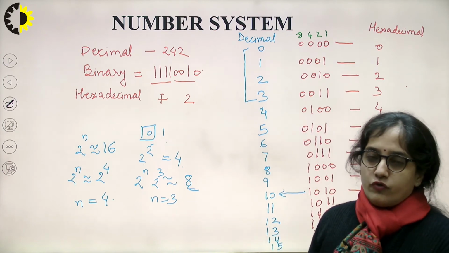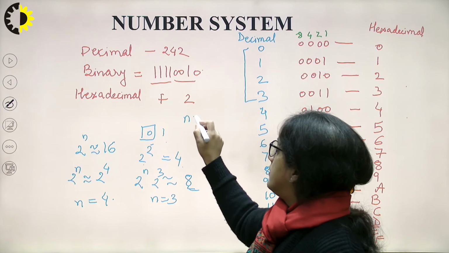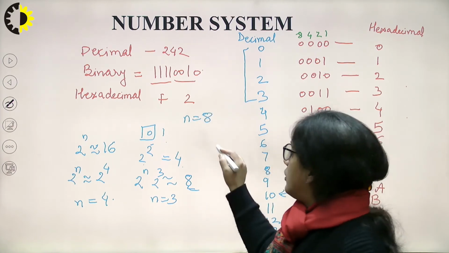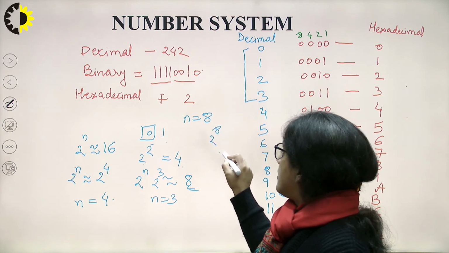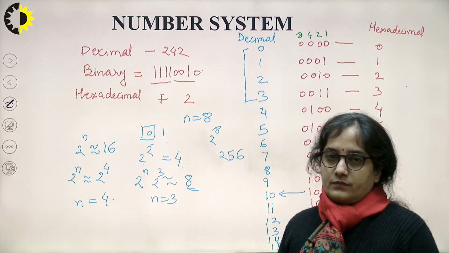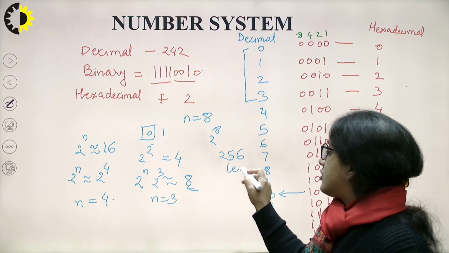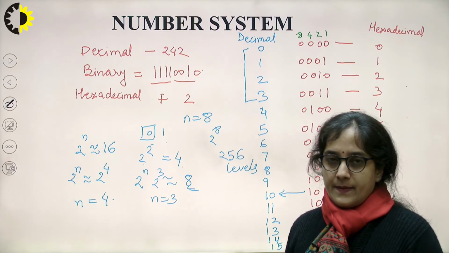Vice versa, if I give you that n is 8, how many levels can you represent? You can go with 2 raised to power 8, that is 256 levels, or you can say 256 different combinations.